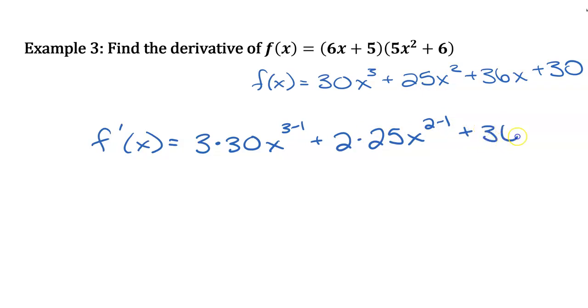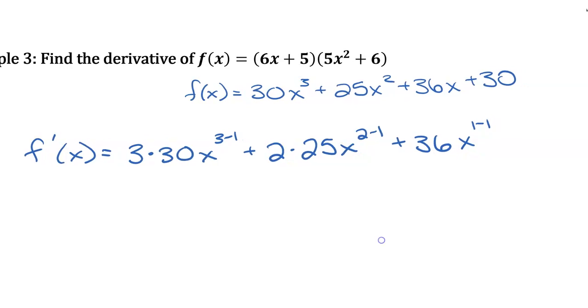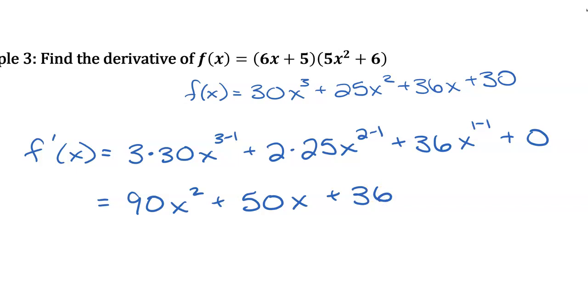Pull the power out front, go down a power. Derivative of a constant is 0 every time. So we have 90x squared plus 50x plus 36. And there we are.